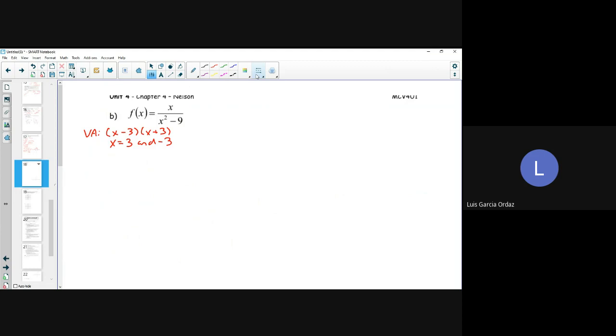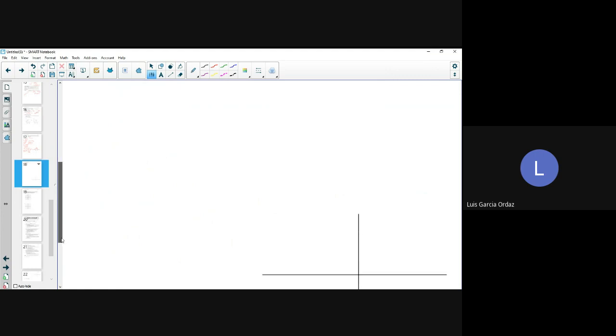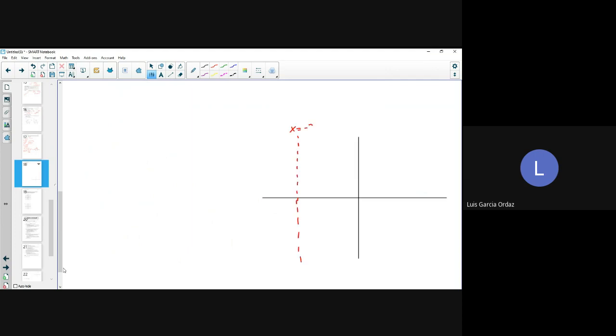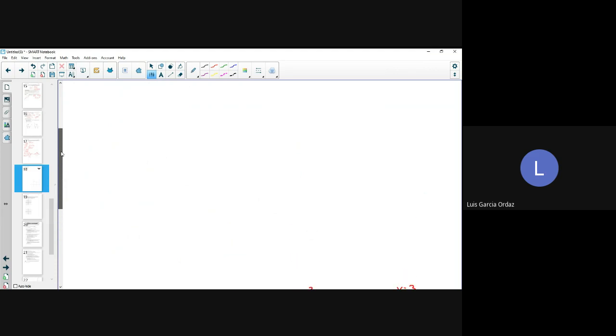So my horizontal asymptote is going to be automatically 0. All right, so let's draw what I know so far. I know at negative 3 I have one vertical asymptote, and at positive 3 I have another asymptote, and I know at y is equal to 0, I have my horizontal asymptote.